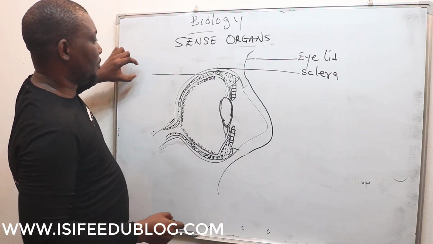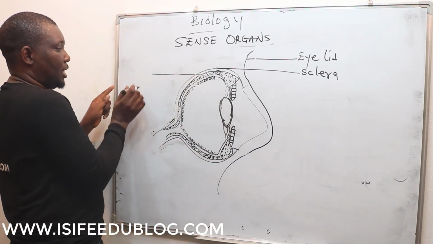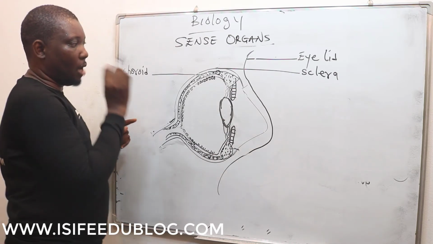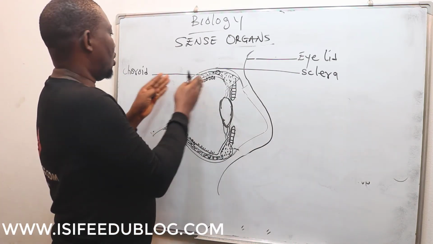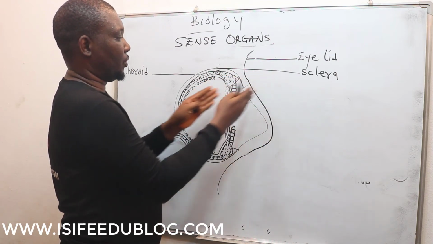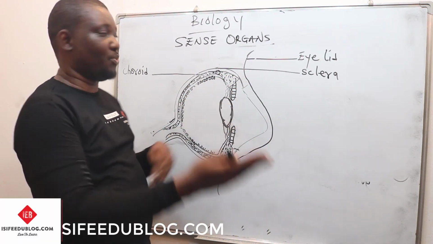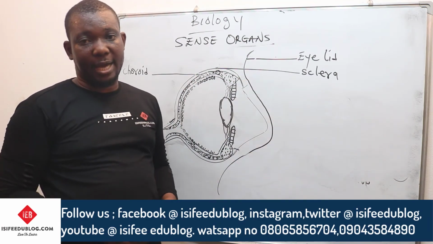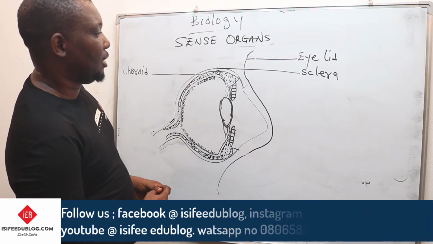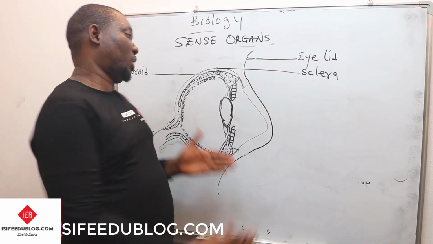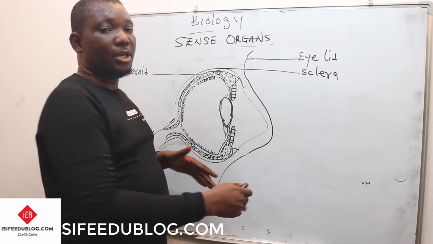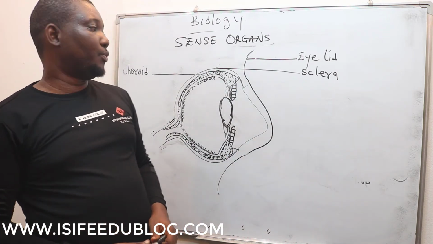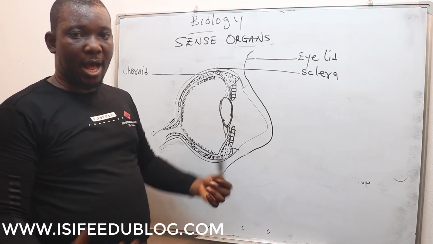So here now, I'm going to label the second layer of the eye, which is the choroid. When the structure cannot be well labeled at this point, so that you don't cross lines in between, you have to come over to this side, because we're going to have many structures to label in the eye. So it's very important that you can label on both sides, but make sure that the structure of any biological diagram must be situated at the center of your book or your page or your answer booklet.